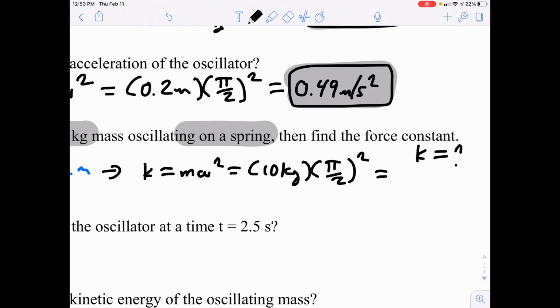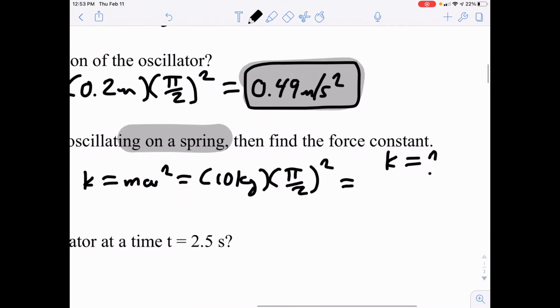So we're going to take pi divided by 2, which is 1.57. We're going to square that number. Then we're going to multiply that by 10, and we get about 24.7 newtons per meter. And you can round it up to 25. That'd be fine too.